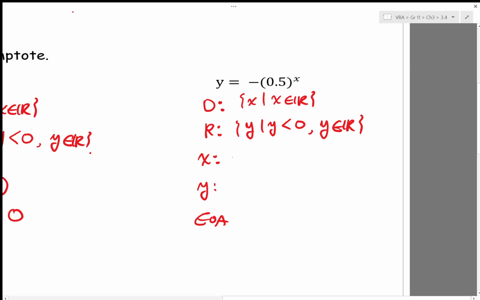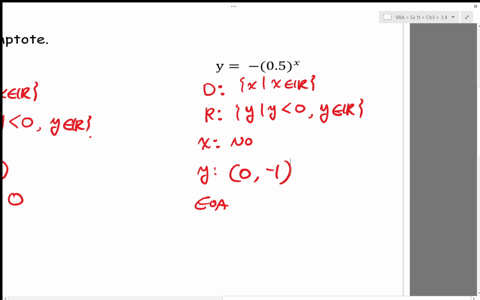Now, x-intercept does not exist, none. Now, then y-intercept is 0, comma, negative 1 as well, because the a value is negative 1. K is 0 for now, right? There is no k at the end. So the equation of the asymptote is y equals 0. Okay.